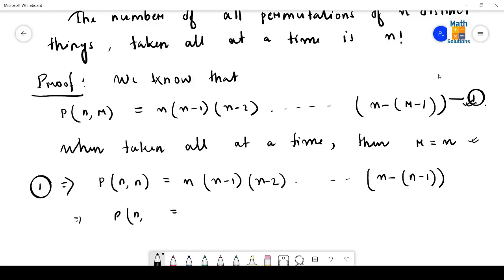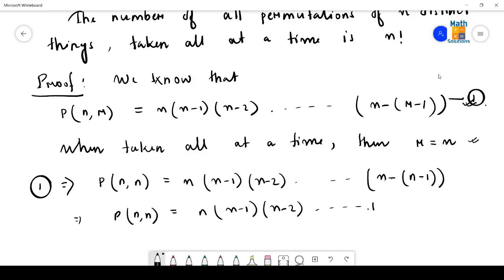P n comma n will give us n into n minus 1 into n minus 2, continuation up to, when I remove the inner brackets, n minus 1 will be getting cancelled, n minus n will be getting cancelled, and minus into minus, it will turn positive 1.